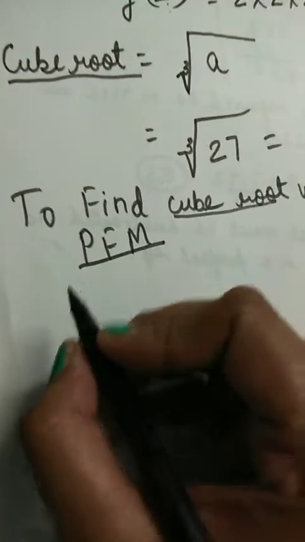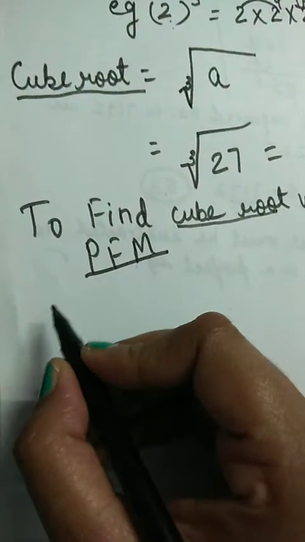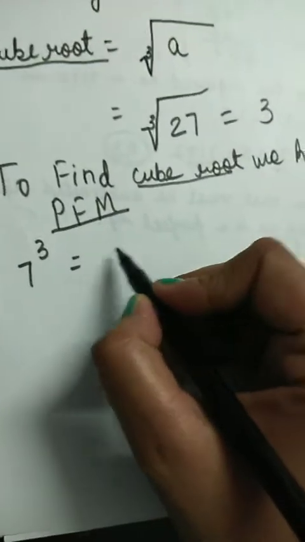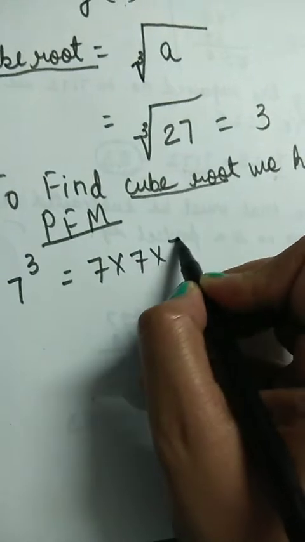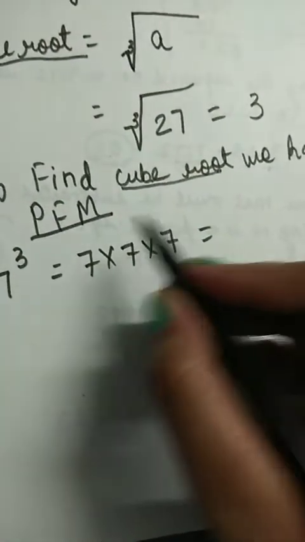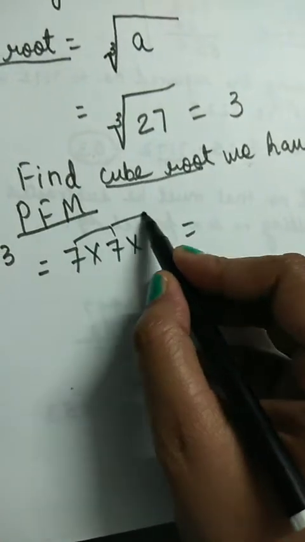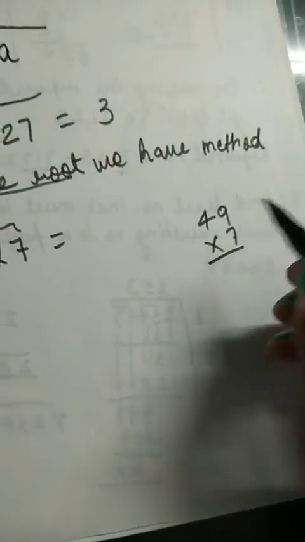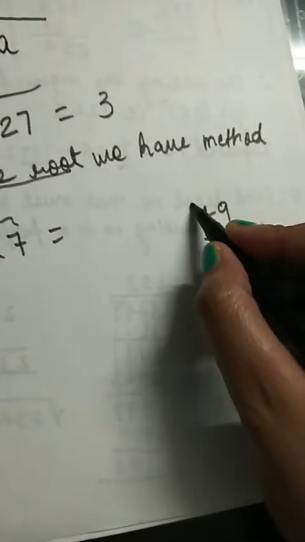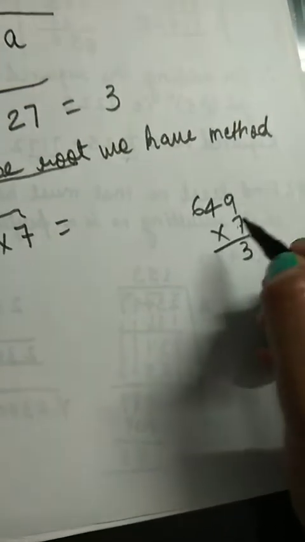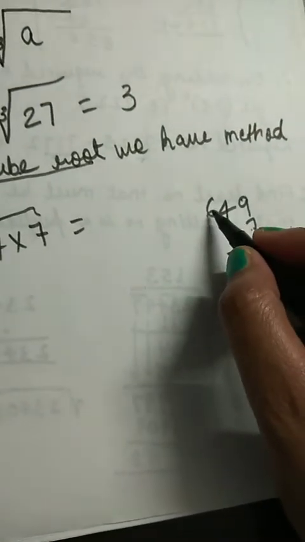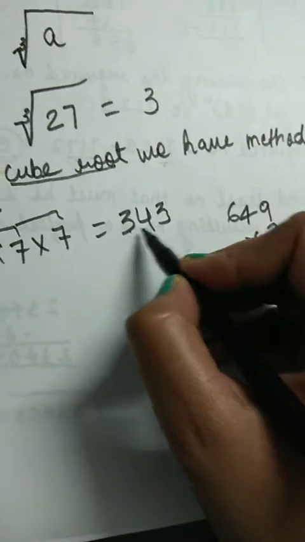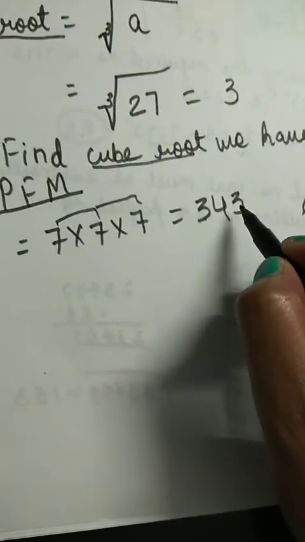Suppose we have to find the cube of 7, so it will be 7 into 7 into 7, which is equal to 7 7s are 49, and 49 into 7 we just have to multiply and check. 9 7s are 63, it will be 3 and carry over 6. 7 4s are 28, 28 and 6 is 34, so it is 343. 343 is the cube of 7.